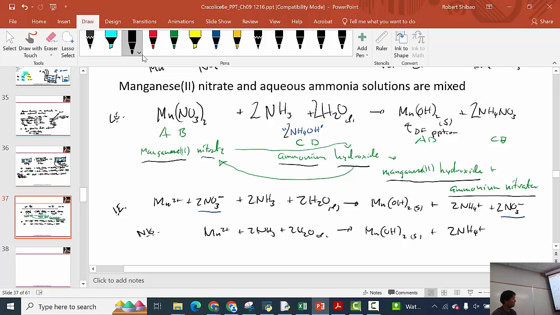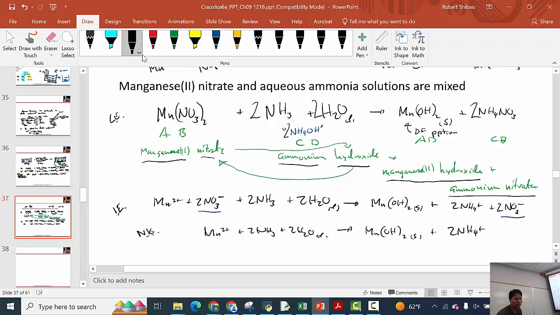Now the charge is not balanced over here. I have a +2 charge. There are nitrates there, but we cancel them out as spectators. But I still have a +2 charge here. The nitrates are around to balance out the charge overall, but you can see the equations are balanced: 1 manganese, 2 nitrogens, 6 plus 4 is 10 hydrogens, and then 2 plus 8 is 10 hydrogens, and a plus 2 total charge on the left and a plus 2 total charge on the right.